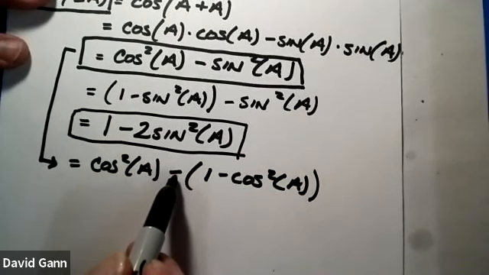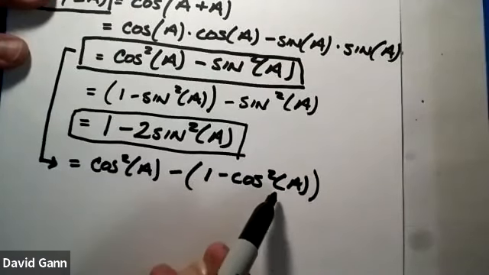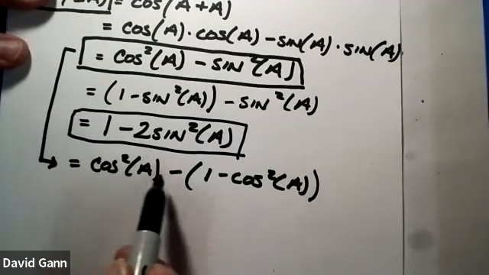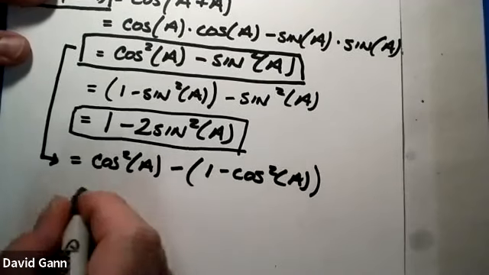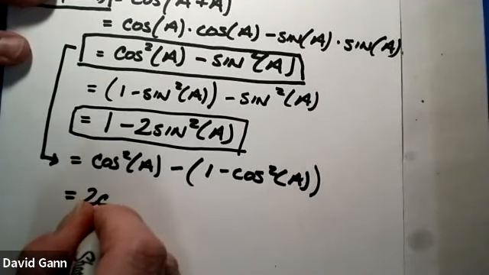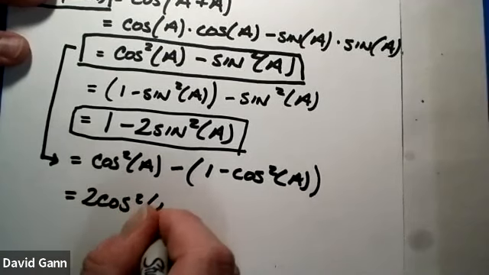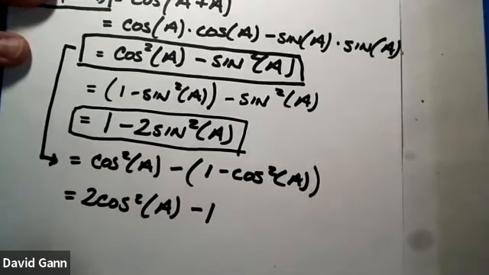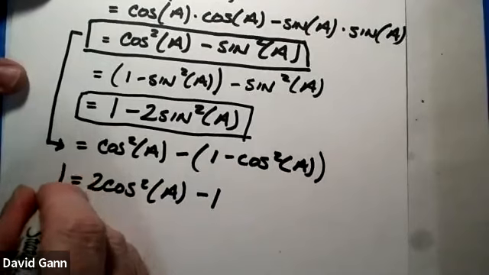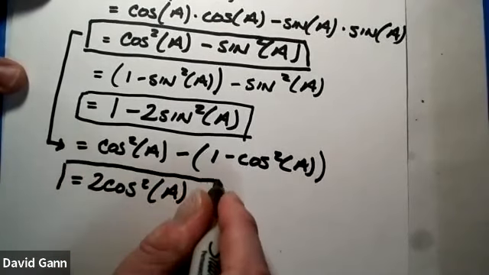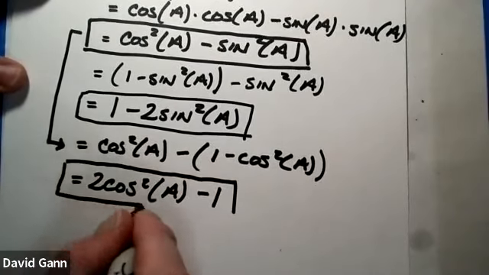You'll notice when this distributes, I end up with -1 plus cosine squared. So I actually end up with 2 cosine squared minus 1. And this is the so-called third version for the cosine of a double angle.